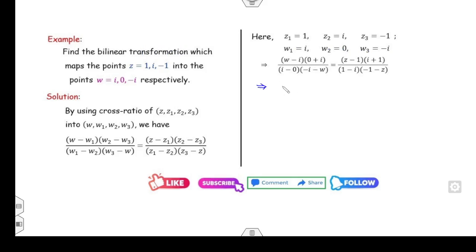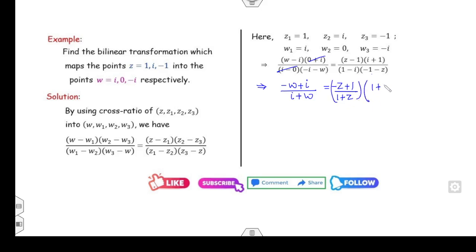The numerator becomes iota. If I multiply them, minus iota minus minus 1. If you multiply them, this number will be cancelled out. I can take a negative common and it will be cancelled out. Minus iota plus W, iota plus W. It is Z minus 1, and again I can take a minus common.